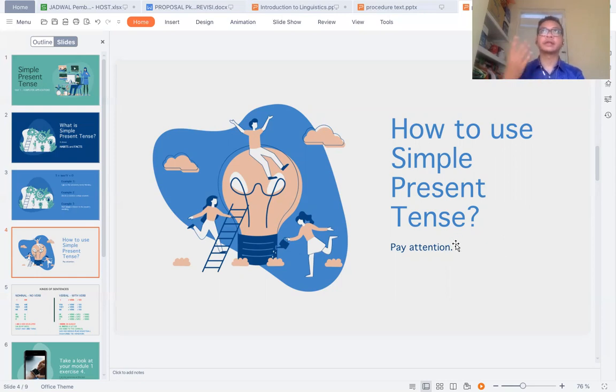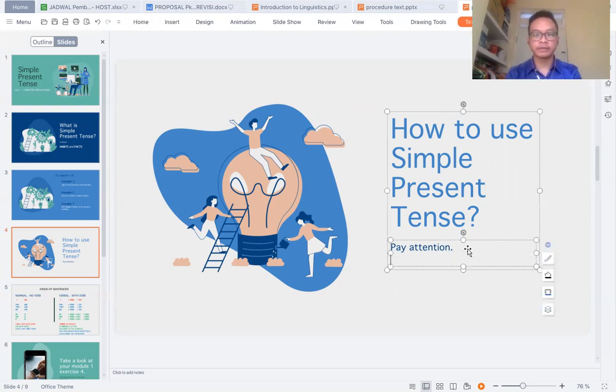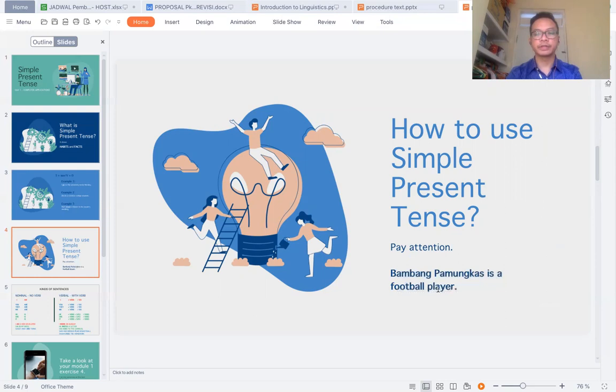For instance, the next example would be Bambang Pamungkas, ya. Bambang Pamungkas, let me write it down over here. Bambang Pamungkas is a football player. Nah, since this is a fact, we should really pay attention that we should use simple present tense.